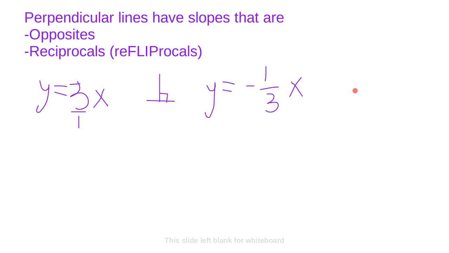So I'm going to type some more in, and I want you guys to tell me if these are opposite reciprocals. Let me change the color because I want to. So I had y is equal to 6/5 x plus 130, and the other one was y is equal to 5/6 x subtract 20.